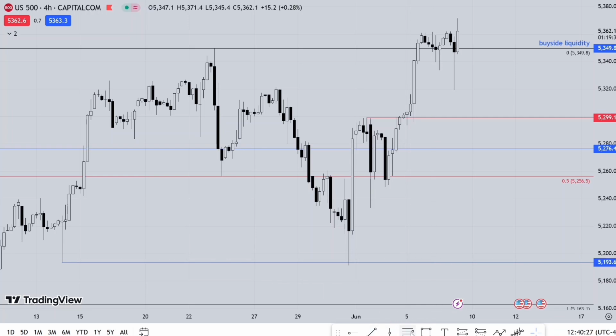So from this last up close candle here, this was the last up close candle before the low was taken out, before this low here was purged, and this sell side liquidity was purged.